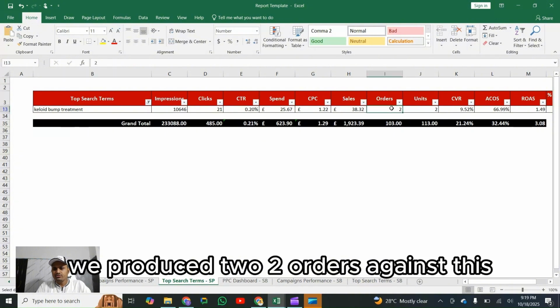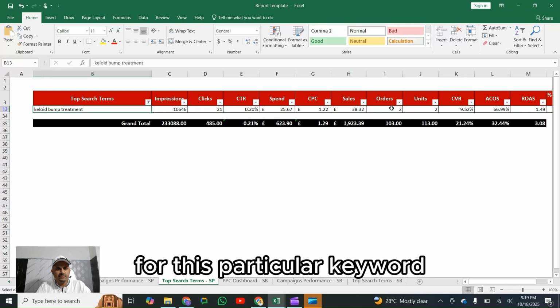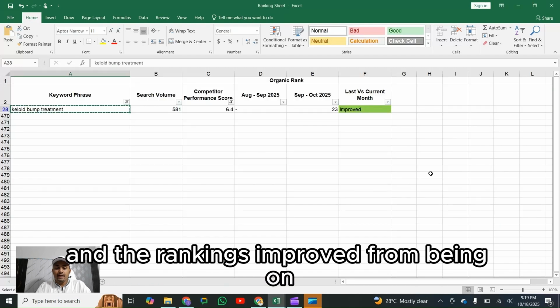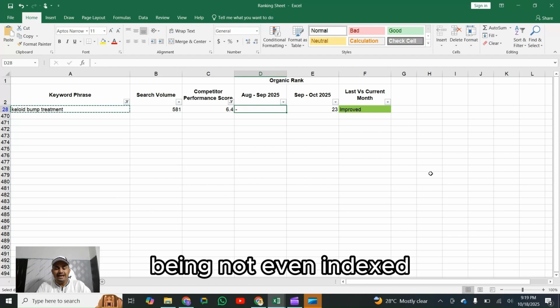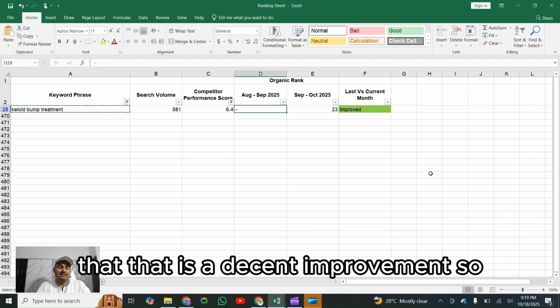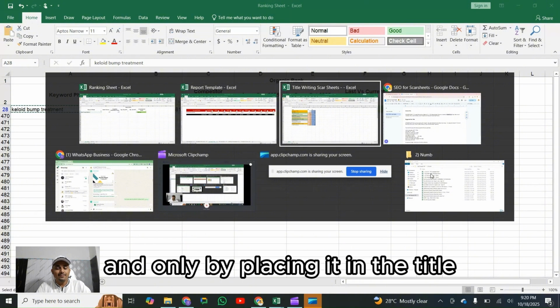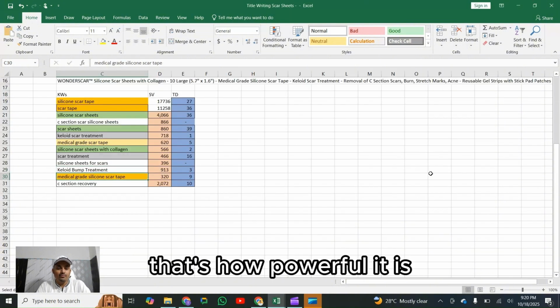We produced two orders against this with a conversion rate of 9% for this particular keyword, and the rankings improved from not even being indexed, having 0 rankings, to being on the 23rd spot. That is a decent improvement, and only by placing it in the title, that's how powerful it is.